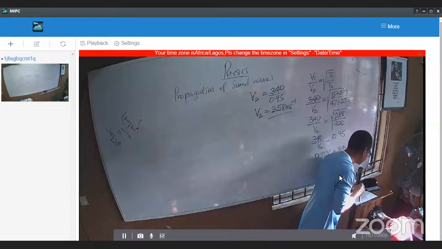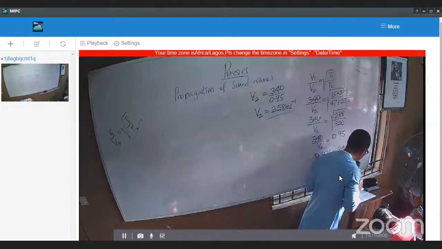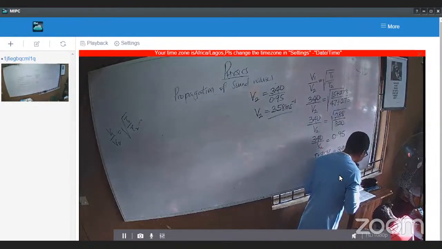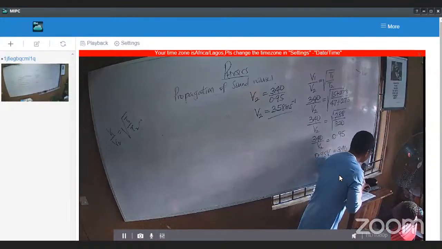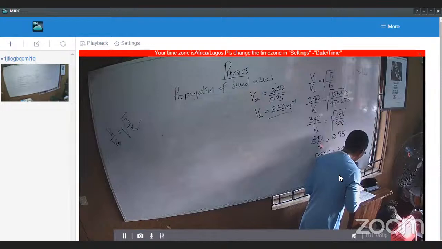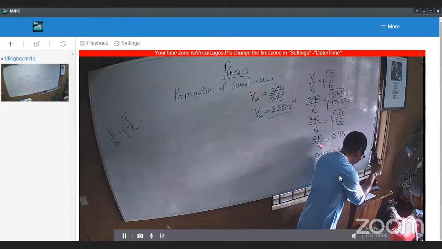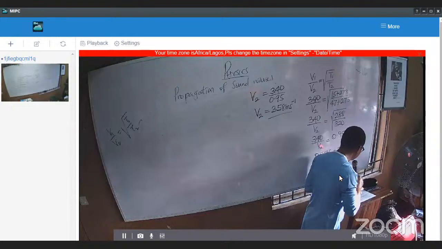Option A, they are cheap. They are not expensive. Option B, they are sourced locally. Option C, the speed of sound in them is very low. Option D, the speed of sound in them is very high.